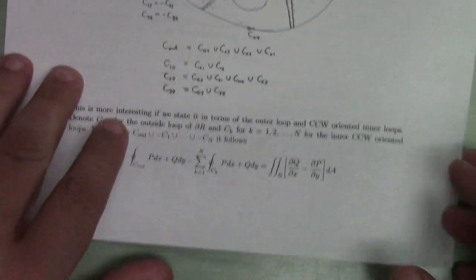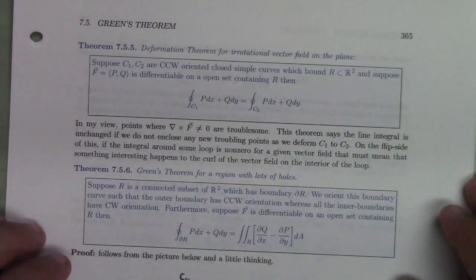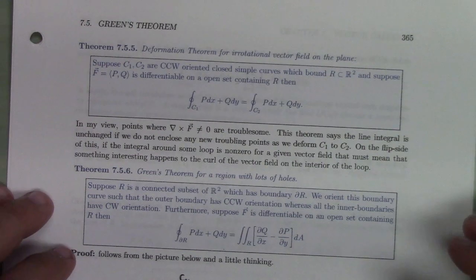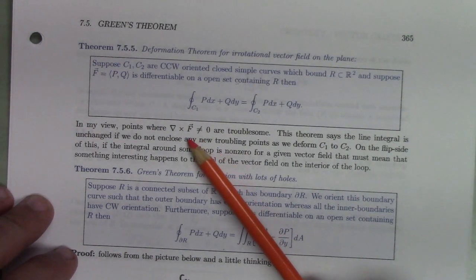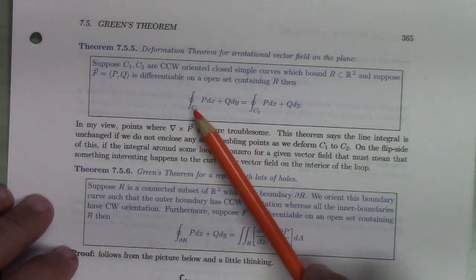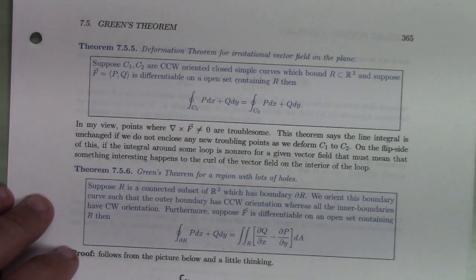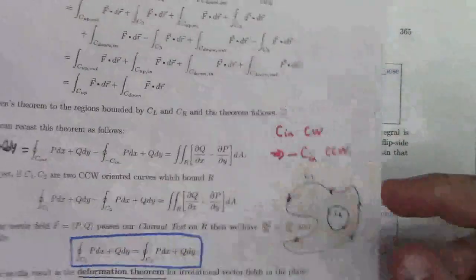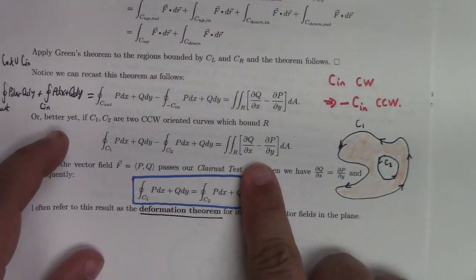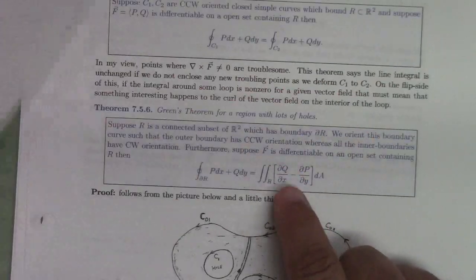So here's a statement of the theorem that I just described. And essentially the point is that if the curl of f is non-zero, then you're in trouble, right? Because remember, that term right here is exactly the z component of the curl.